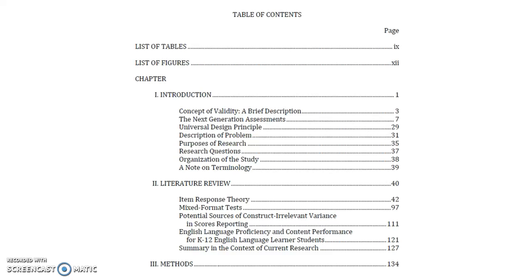Some people do that, some people don't. It's up to you how you want to present, but having an organization of the study provides a clear picture of what your dissertation will provide to the readers. And I also provide some notes on terminology. That's my chapter 1.